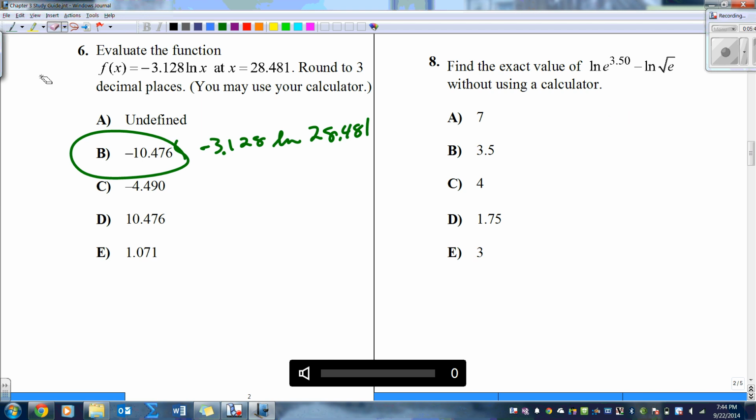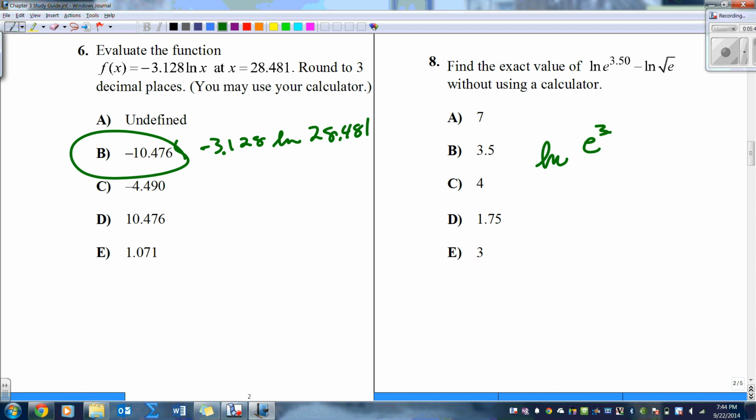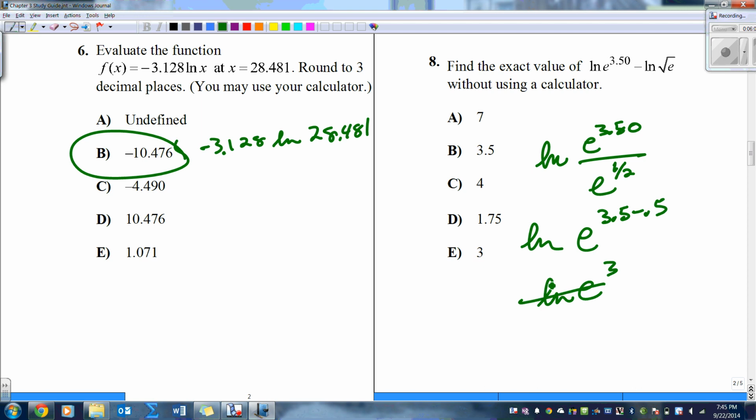Since there's no equal sign, we can't add it to the other side, so we're going to condense this. The square root of e would translate into e to the 1/2. So this becomes the natural log of e to the 3.5 minus 0.5. So I get natural log of e to the 3. Well, the natural log and e cancel each other out, and I'm left with just 3. So that's my answer.